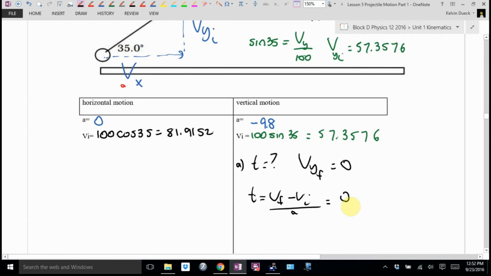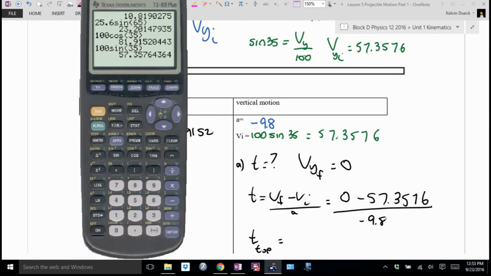Vf, 0 minus Vi, 57.3576, or if you want it to be uber accurate, 100 sine 35 could be plugged right in there, but I'll go 57.3576 divided by negative 9.8. Time to top equals, I'll use my answer button, bracket 0 minus answer button divided by negative 9.8.